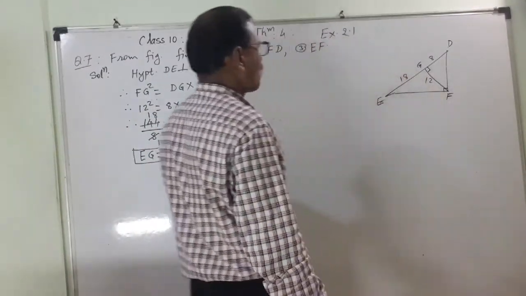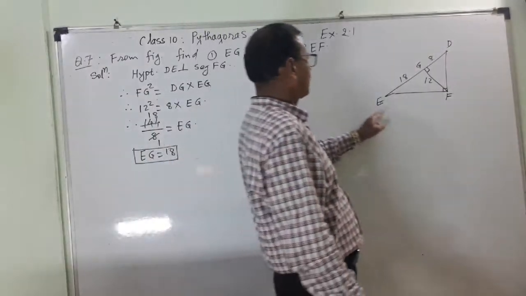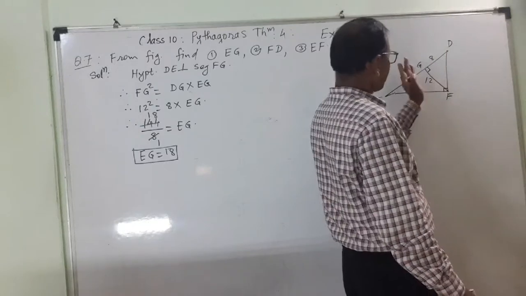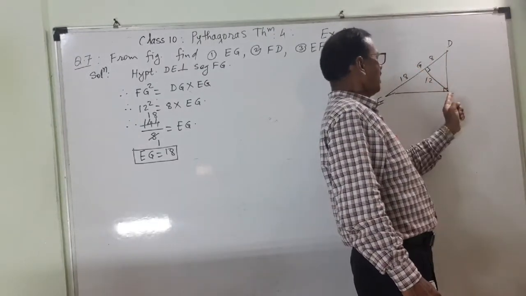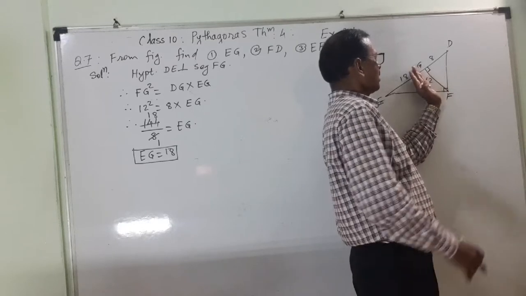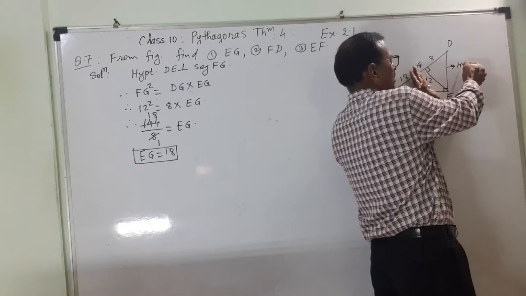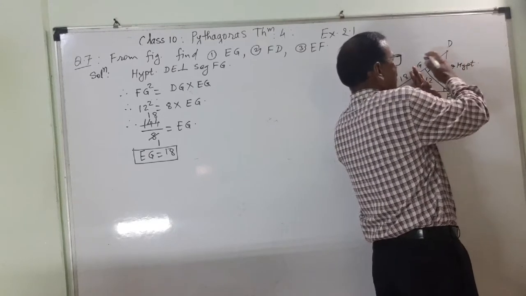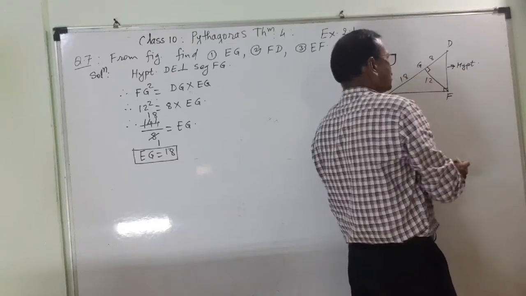Now what else do they want? They want FD. This is FD. Now in this triangle, this is the right angle triangle. This and this is perpendicular, so this will be the hypotenuse. Hypotenuse square is equal to one side square plus other side square.